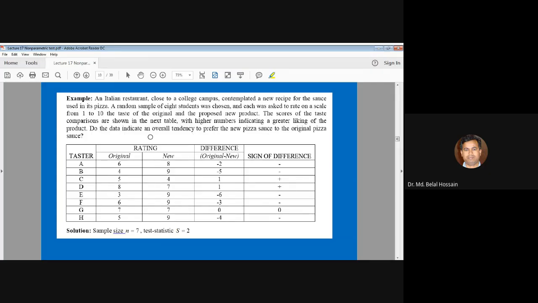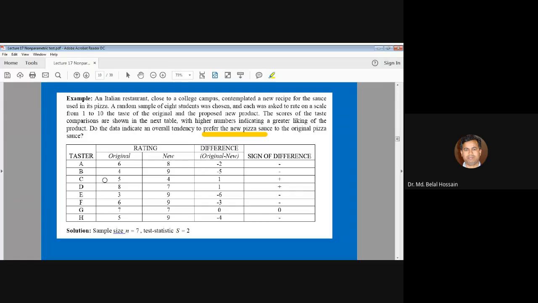So that is the hypothesis, whether the new pizza sauce is preferred over the original pizza sauce. So what is your null hypothesis? That it is actually equal. So pi equals 0.5, that is, the liking is the same. But the alternative hypothesis is that they prefer the new pizza, so pi is greater than 0.5.